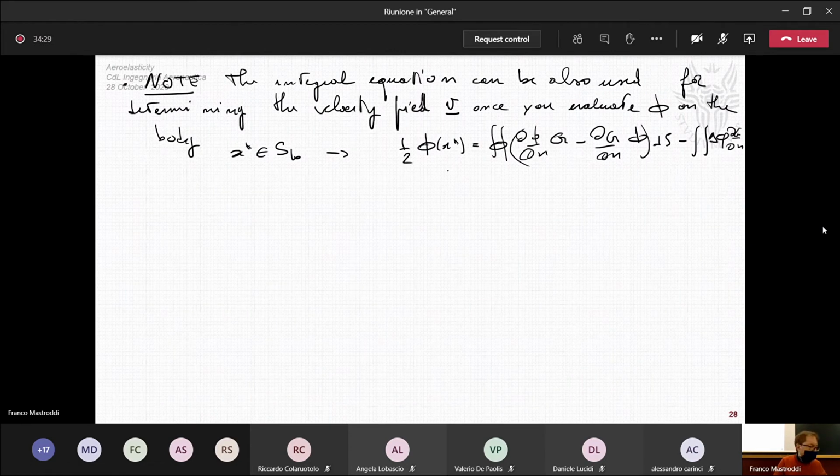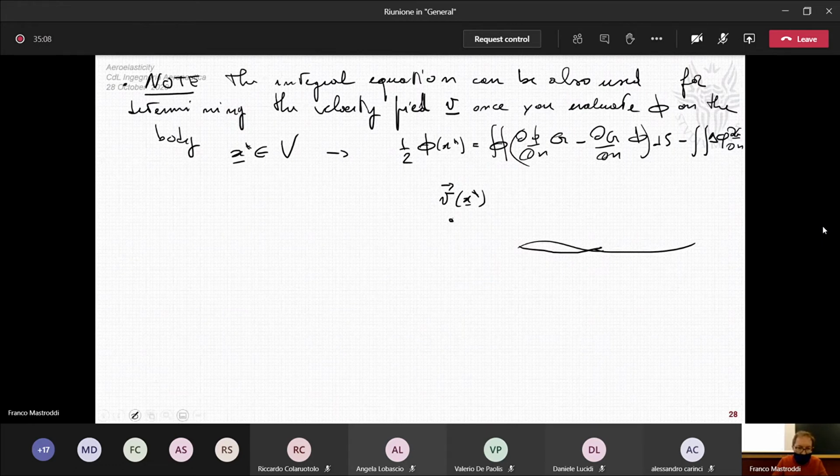If you consider an external point here, and you want to evaluate here the velocity in this x star point, consider, excuse me, in the volume fluid, not in S. This is not true for x belonging to the volume fluid here.